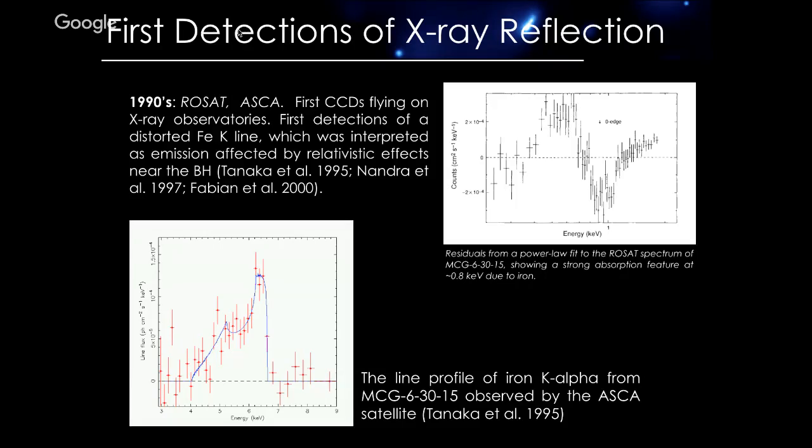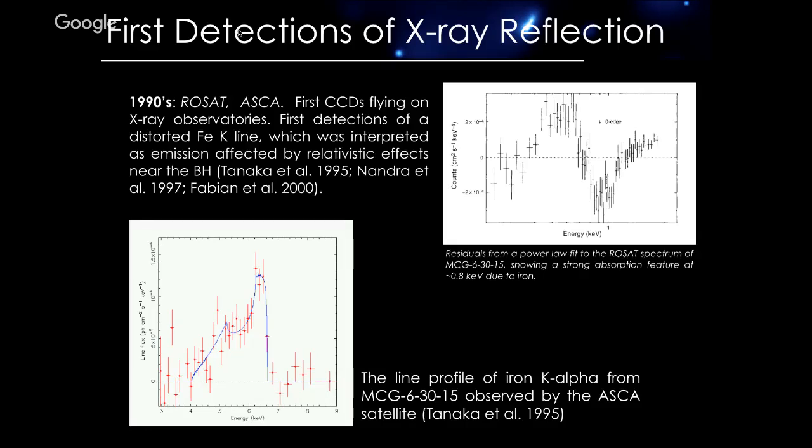There also something happened, and that is that they realized that the emission is not symmetric. It's actually quite asymmetric and skewed, as you can see also in the left bottom panel for a famous AGN galaxy, MCG -6-30-15. And people quickly realized that this could only be explained if you include relativistic effects.